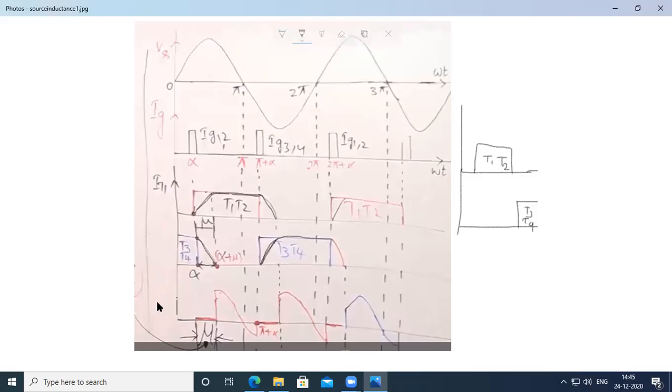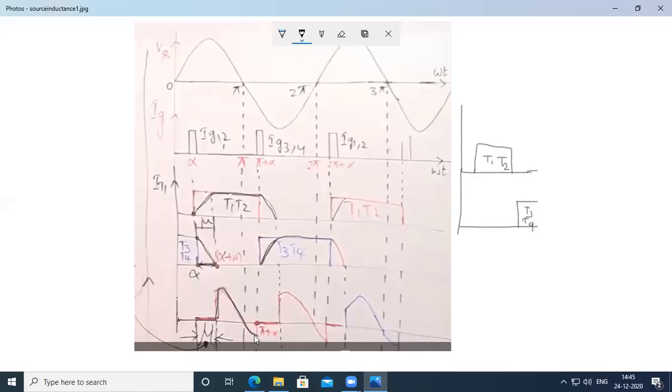So at that time the output voltage should be like that. The output voltage from alpha to mu, in this portion, will be zero, because all the thyristors are getting shorted. So what output are we getting?